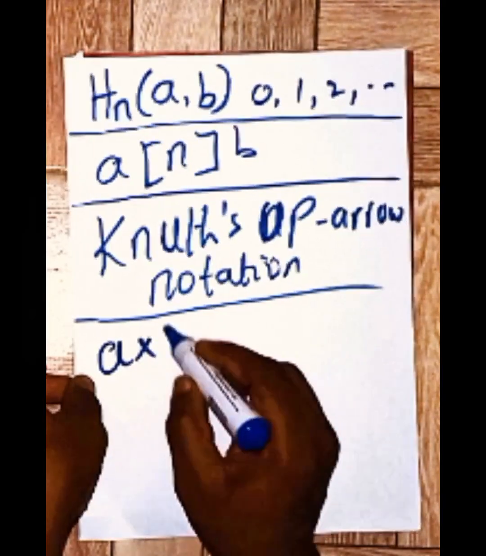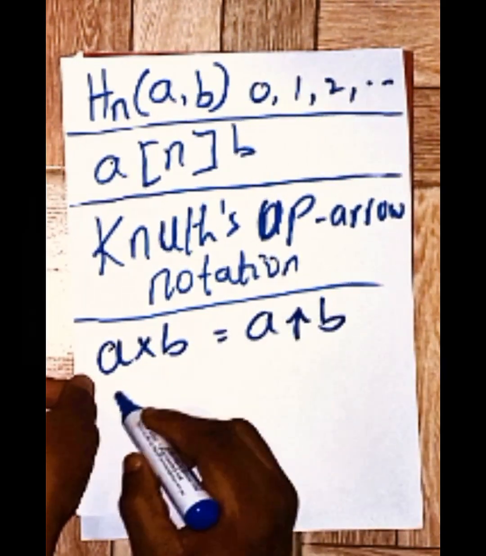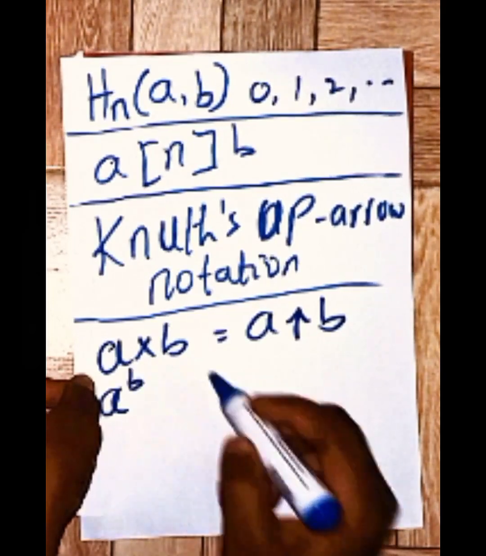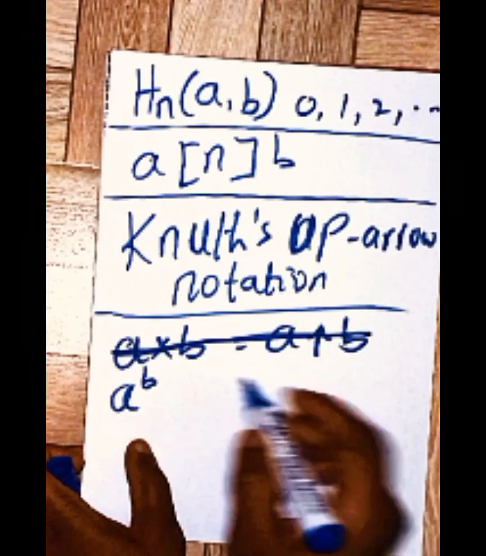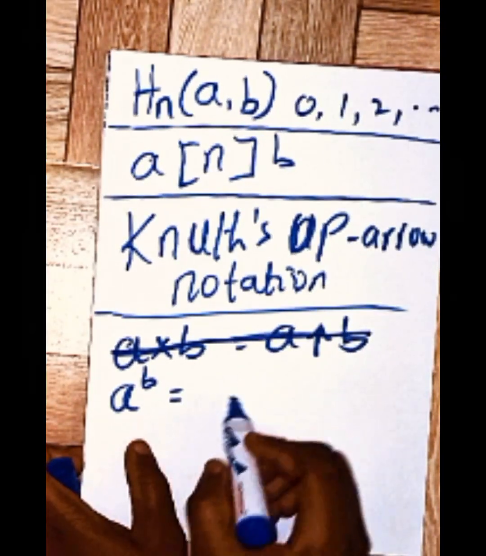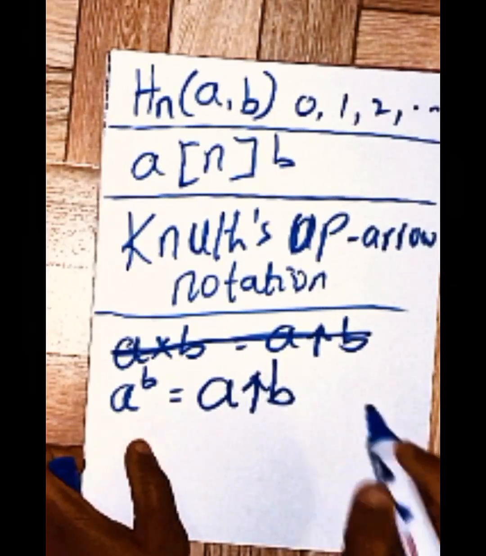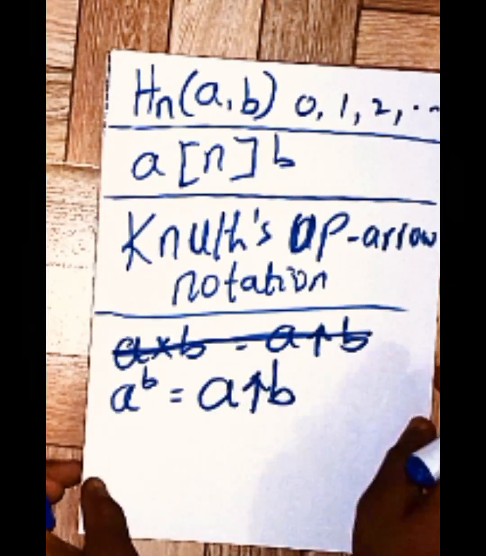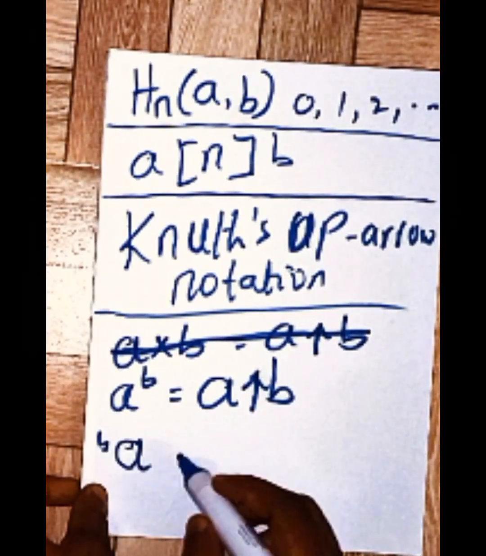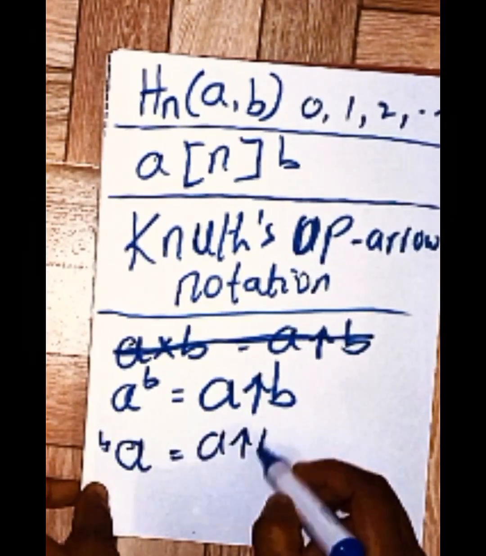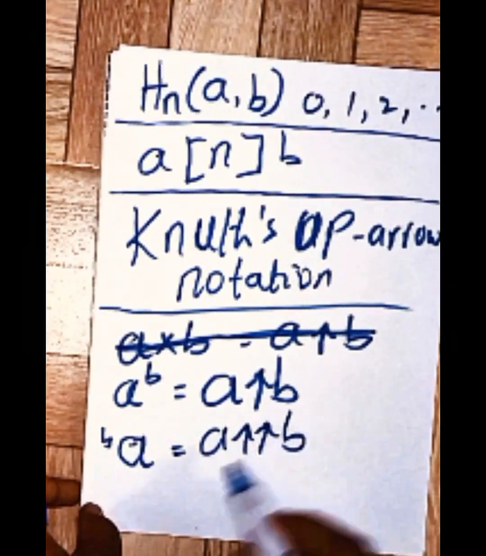If you are multiplying, it's also the same as A up arrow B. Multiplication doesn't have an up arrow notation. The up arrow notation starts from exponentiation, where you have A up arrow B, meaning exponentiation. And for tetration, you have A up arrow up arrow B, meaning A tetrated B times.